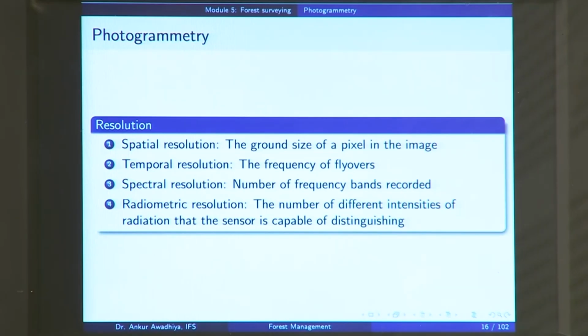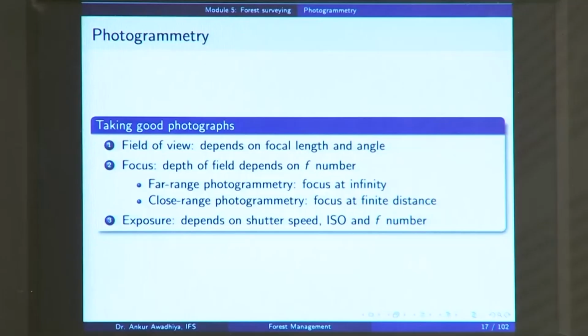And when we are talking about shades of gray, is it showing it on an 8-bit scale, is it seeing it on a 16-bit scale, is it seeing it on a 32-bit scale. So, the more bits there are in your image, the more information you have in your image, and then that can be made use of when you are doing the interpretation or the measurements.